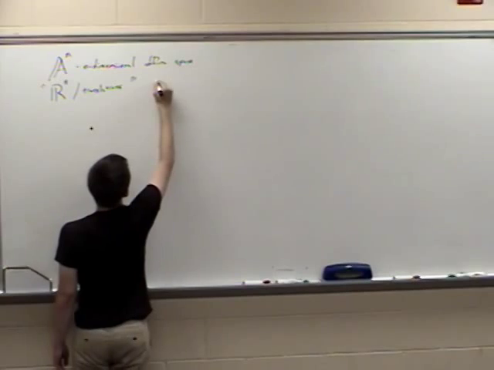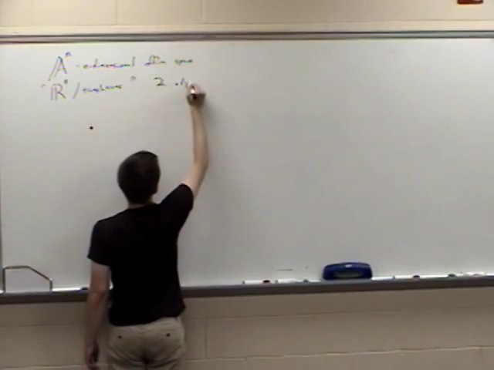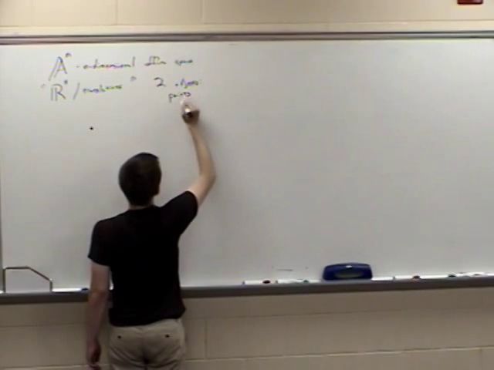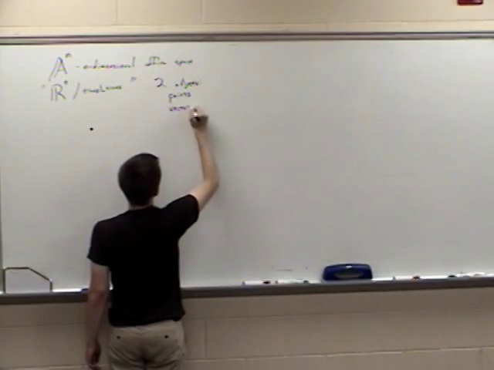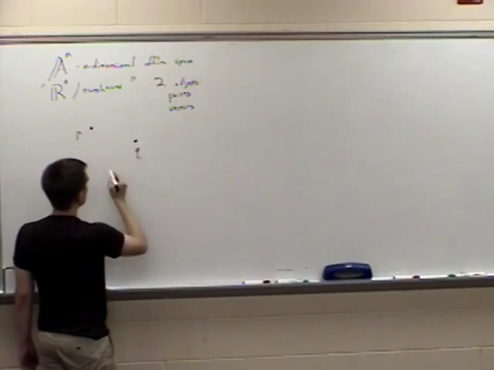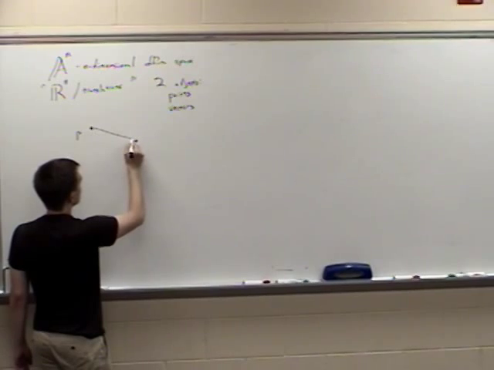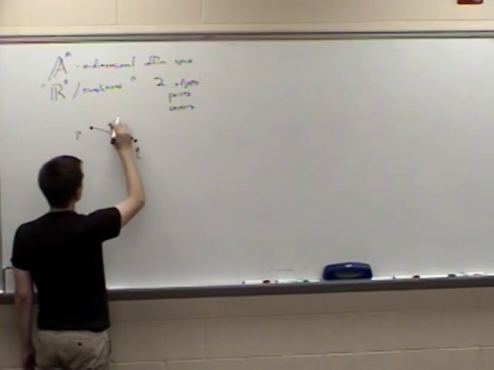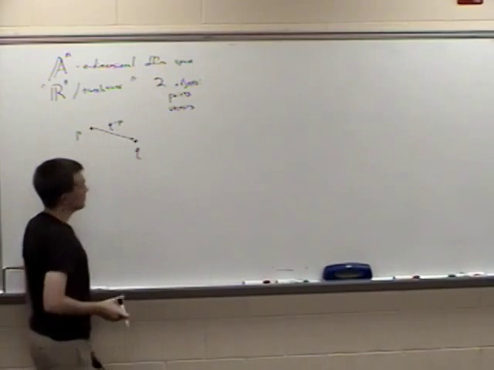So you have 2 objects, points and vectors. So you can draw a point like this, another point here, Q, and then a vector can represent some relative length between 2 points. So this would be Q minus P, right?